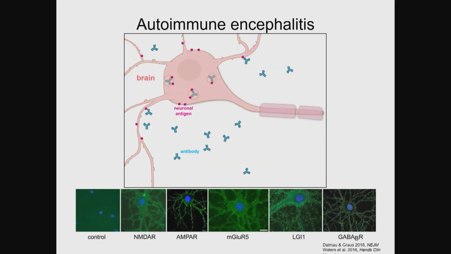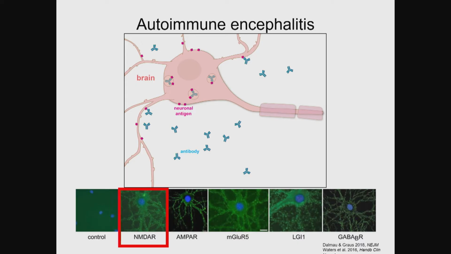So autoimmune encephalitis occurs when antibodies recognize brain antigens, the most common of which is the NMDA receptor. Over a dozen targets have been identified, and symptoms are very varied and diverse, even within the same subclass of autoimmune encephalitis: seizures, memory problems, a long range of symptoms.